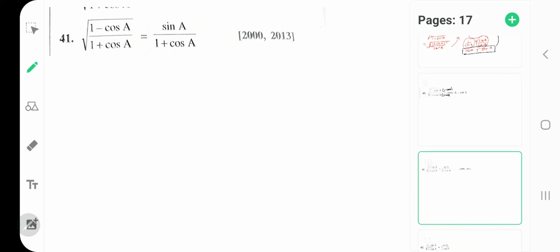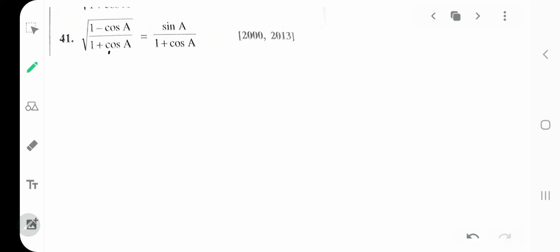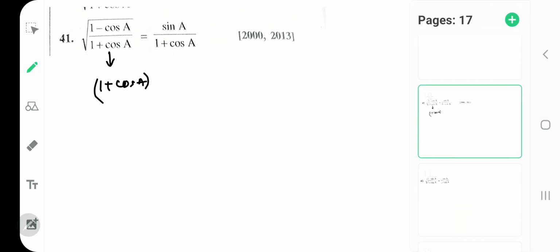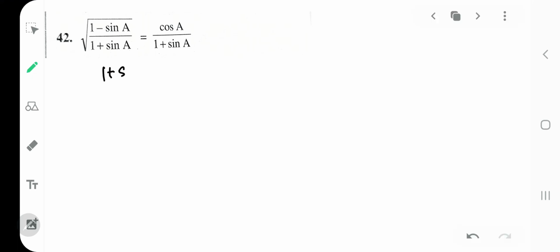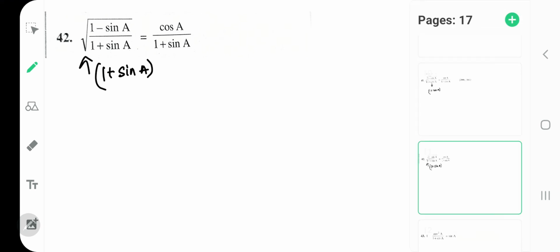For 41 also, you have to multiply both the sides numerator and denominator with 1 plus cos A and you will get the answer. Problem number 42. For 42 also, you have to multiply 1 plus sin A towards the numerator and denominator of your left hand side I am talking about, and you will get the answer.